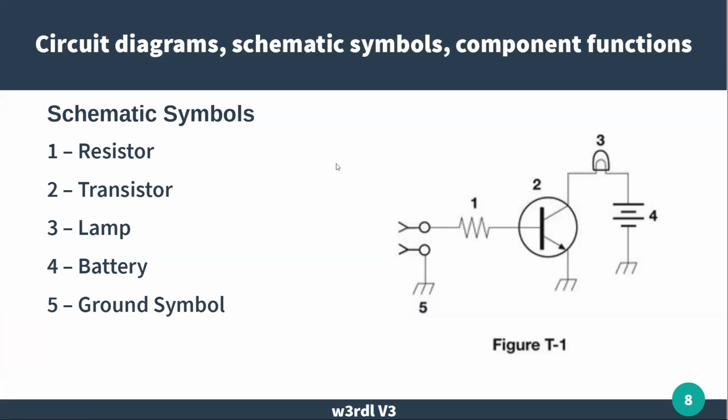Okay, schematic symbols. Number 1 is a resistor. 2 is our bipolar transistor. 3 is a lamp, not an LED, just an old-fashioned little, what we used to call pilot light, used to light up dials on radios in the old days.